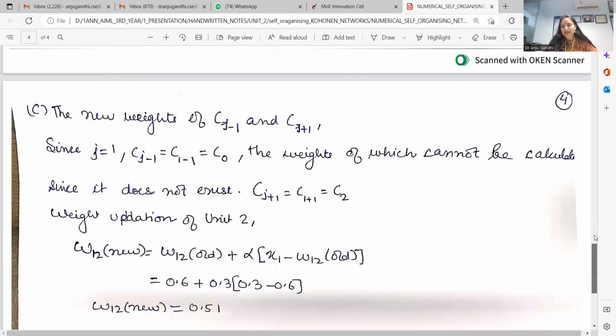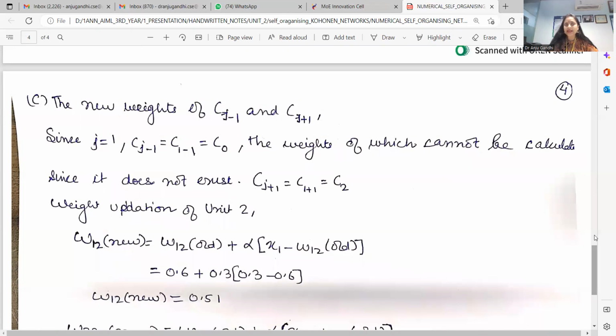Now the third part. In the third part, they are saying to find out the weight for Cj minus 1 and Cj plus 1. Now, we know that the value of J varies from 1 to 5. So J minus 1 means 1 minus 1, it's C0. C0 is nowhere lying, right?